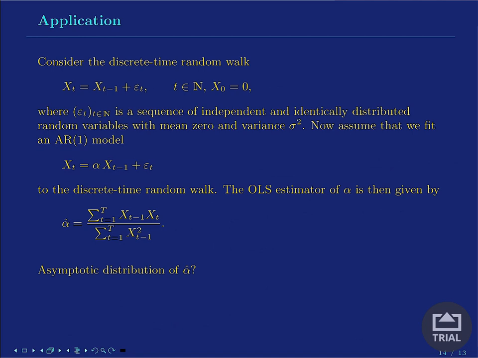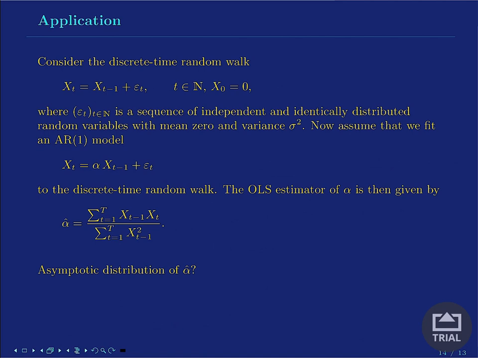Now, as we have here a simple regression equation, we can simply calculate the ordinary least squares estimator of the parameter alpha, which is an empirical cross covariance of xt with x one step back, xt minus 1, divided by the sum of the xt minus 1 square. Now the question is, what is the asymptotic distribution of alpha?